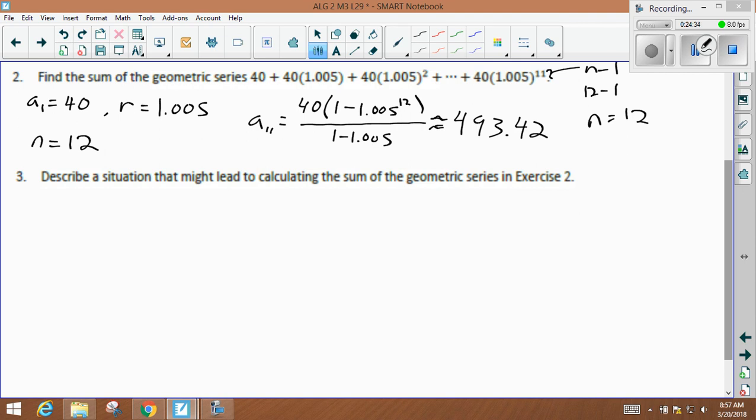But I said something cooler. Last year, I don't know when this came from, I looked at my notes from last year, and it said, hey, you add 40 manatees.